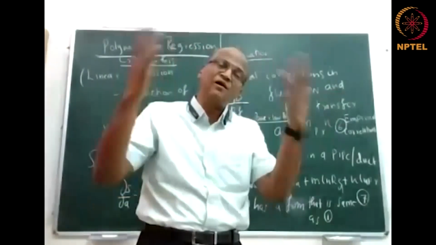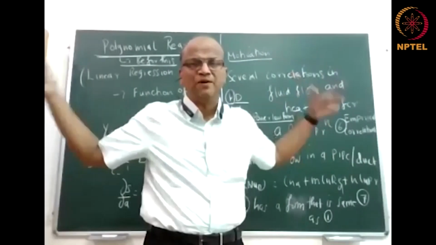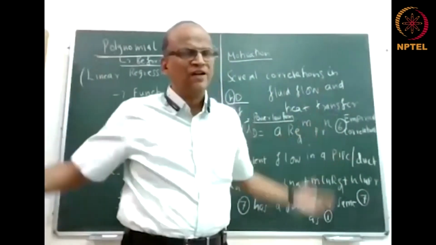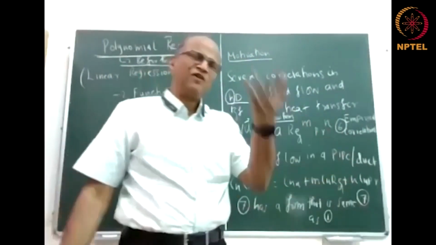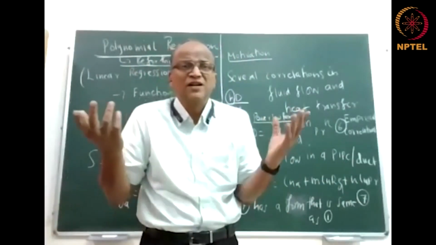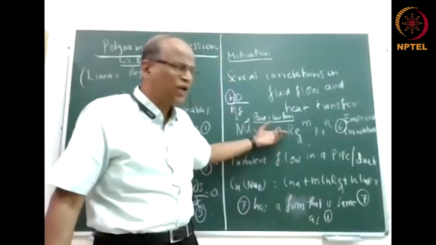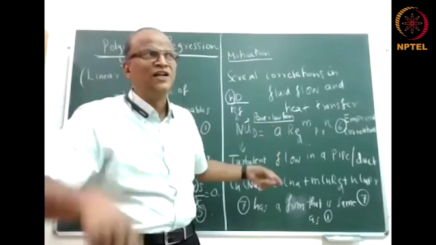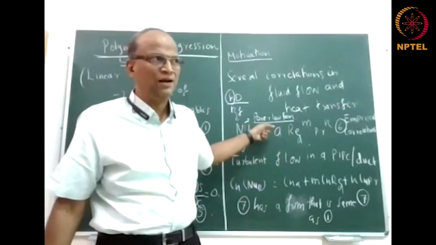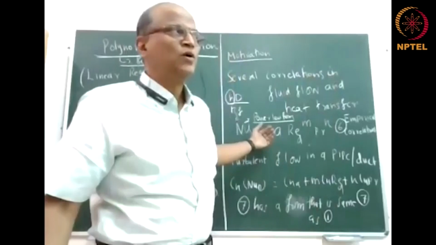The experiment will be done for various diameters of the pipe, various lengths of the pipe, various viscosities of the fluid, various temperatures, so there will be too many data. If you're just a data science person with a computer science background and you don't know any heat transfer, you will not even come to this. Please know a lot of intelligence is required to come to this level. Just by blind fitting, you can't get it.